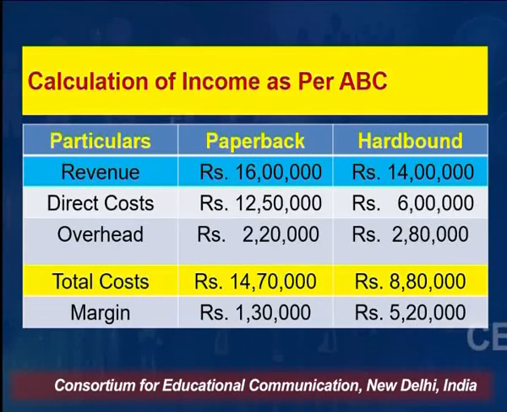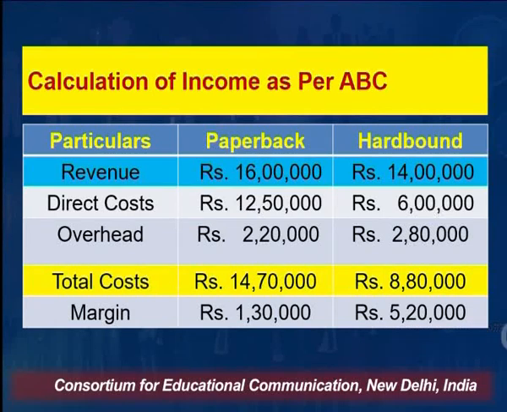Now the same calculation, same components are there, and we shall be doing the calculation as per activity based costing, and then we'll see whether the decision should change or what decision the management should take, that we shall be recommending on the basis of the solution.